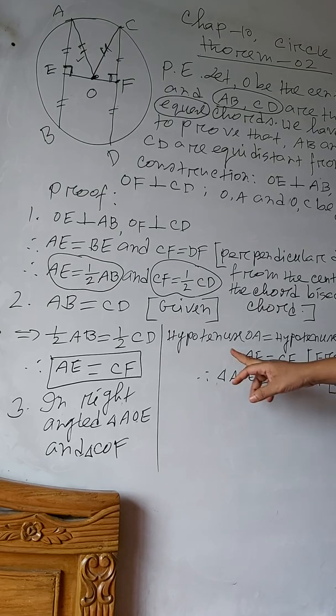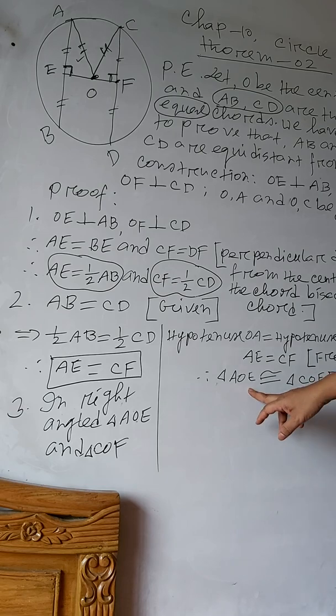Since hypotenuse and one side are equal, so easily you can say that triangle AOE is congruent to the triangle COF by RHS.